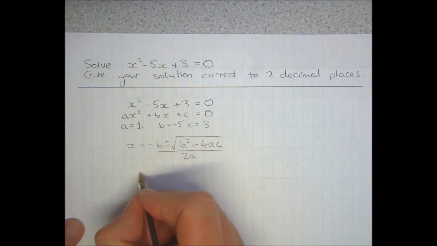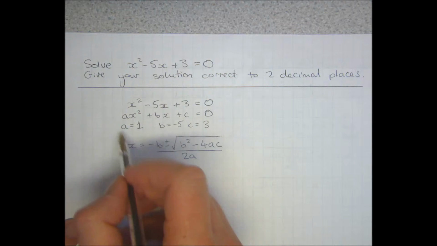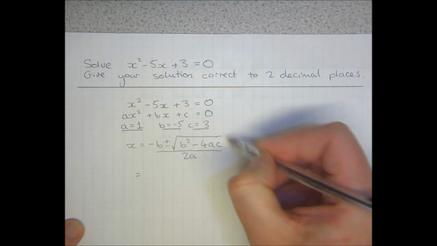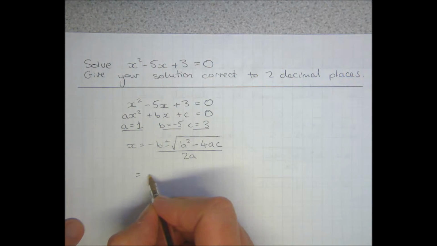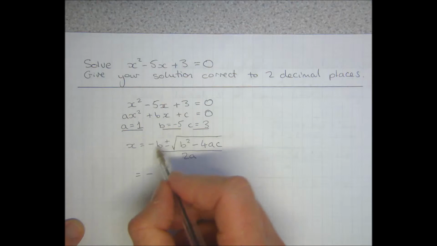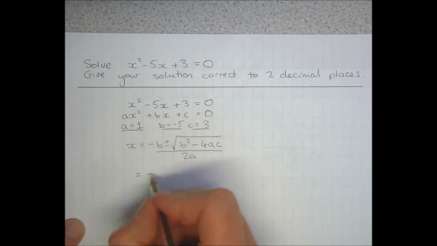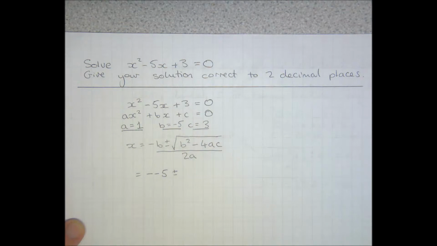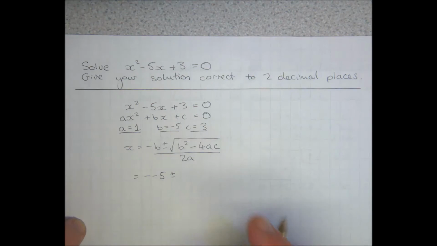So, we know what a, b and c are, we just worked them out. We need to substitute those into that formula. Starting off with minus b, b is minus 5, so I need to put minus 5 in there. And then it's plus or minus. We'll worry about the plus and the minus sign later. That's something you may not have seen before.